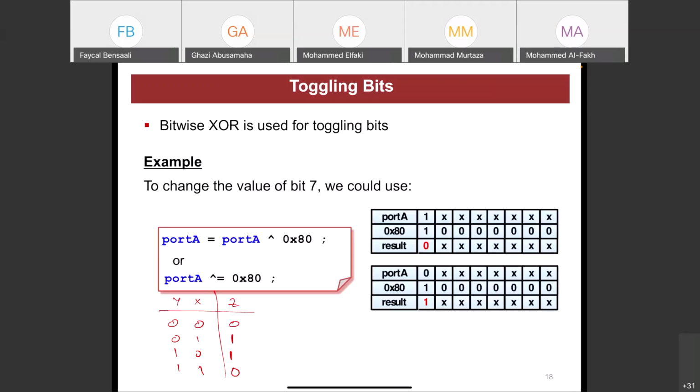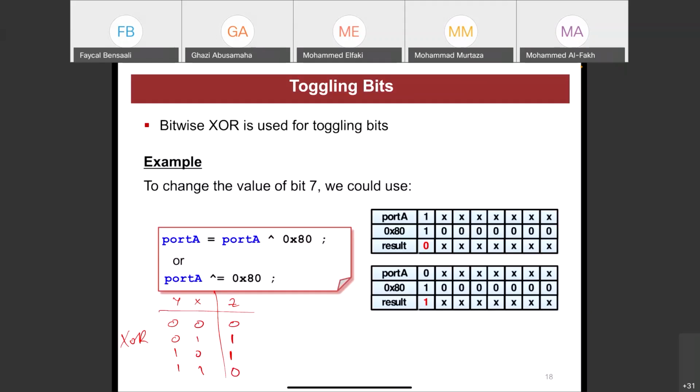This is the XOR gate. Now, if I want to toggle, what do we mean by toggle? We invert the bit. So we use the XOR gate or the bitwise XOR operator, and for the bit that we want to toggle or to change its value, we use 1 for the bit mask.